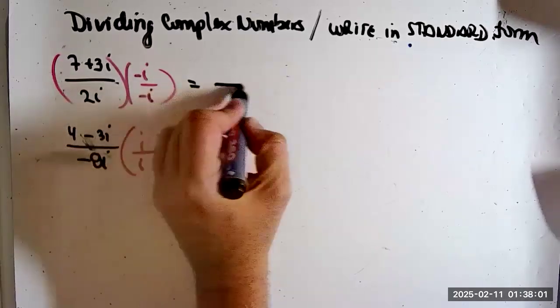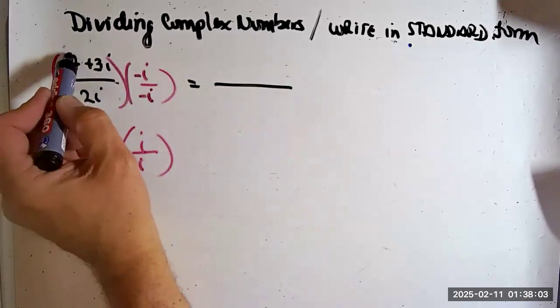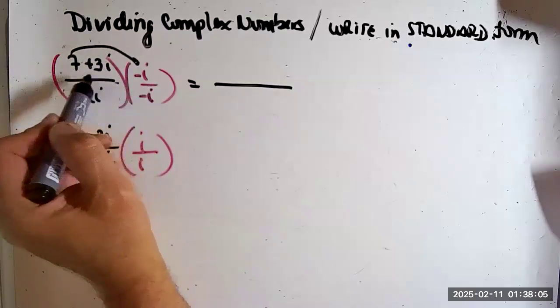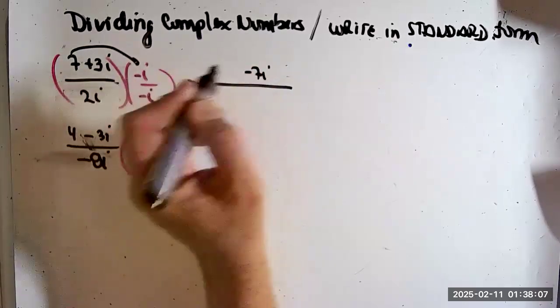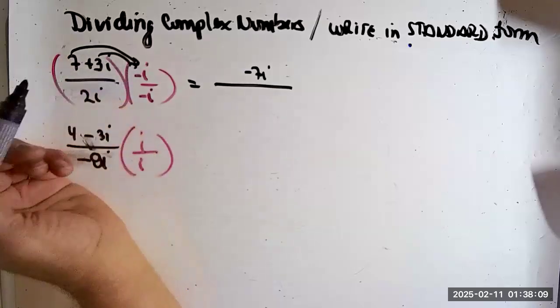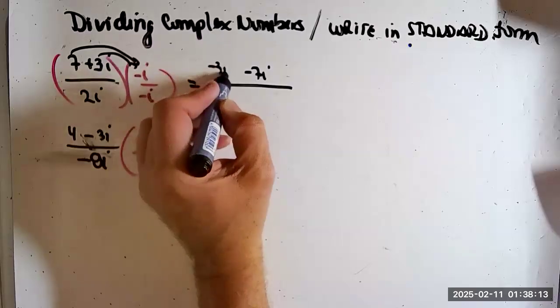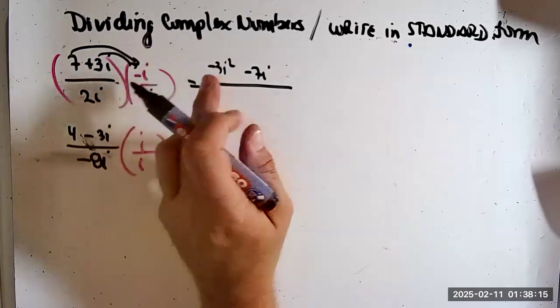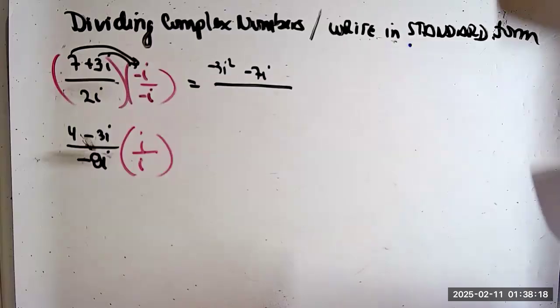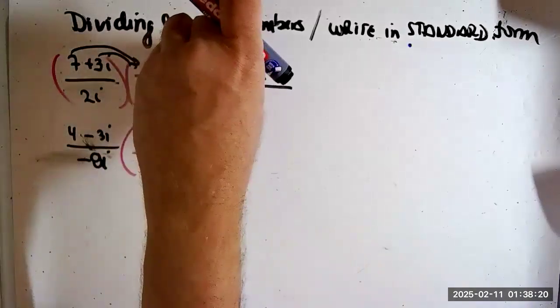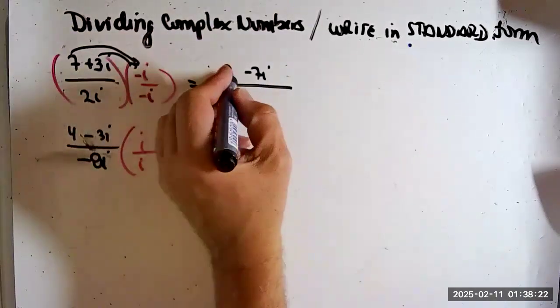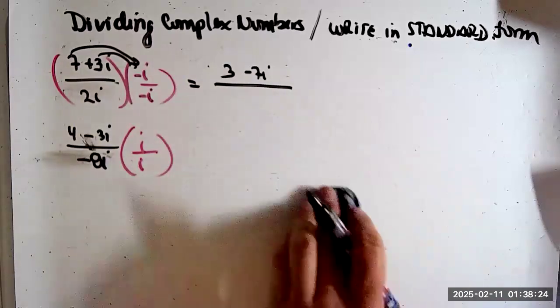So what do I have here? 7 times negative i, that will be minus 7i. 3i times negative i, that will be negative 3i squared, which becomes plus 3. Let me do it again.